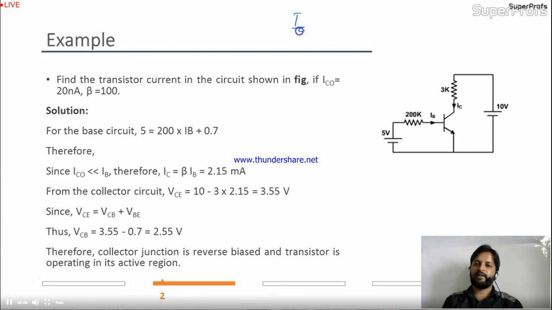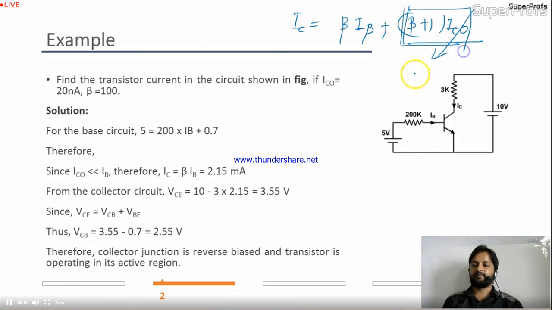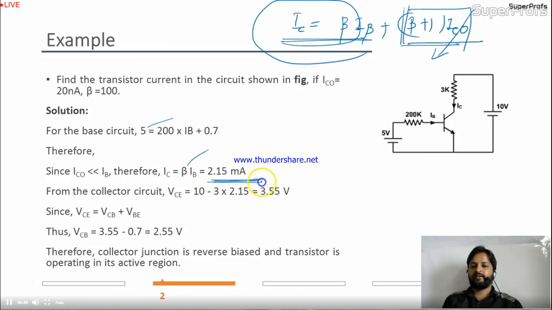The actual current IC will be beta IB plus (beta plus 1) ICO. But though this current is negligible, we are excluding this term. And simply we are taking, as we know already, IC is nothing but beta IB. Okay, so we have to multiply by beta. We got the IB current over here, so we get the IC current. This is the operating current, the output current.